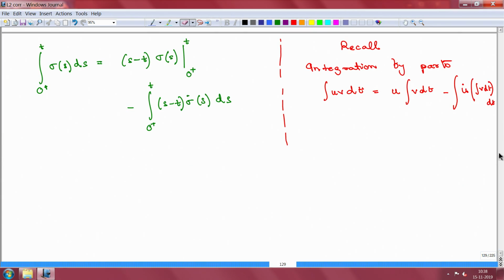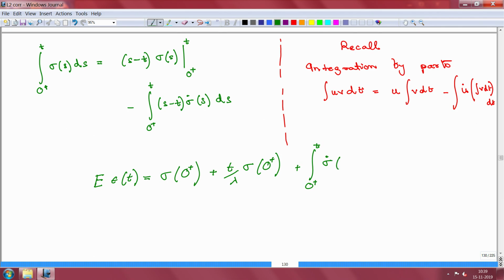By applying the integration by parts and rearranging the terms, we can rewrite the left hand side as this quantity, and on the right hand side you will now have sigma 0 plus, and then the quantity under the integration sign, which goes from 0 plus to t, and here you will have sigma dot s, and then in the brackets you will have 1 plus (t minus s) by lambda, ds.